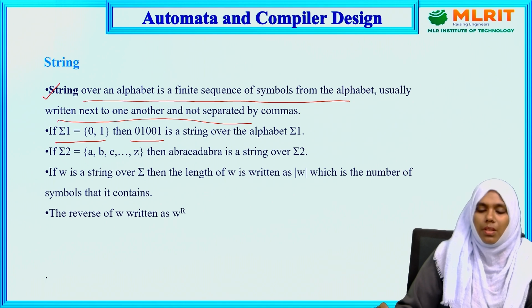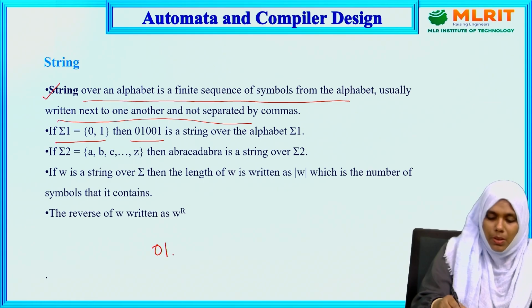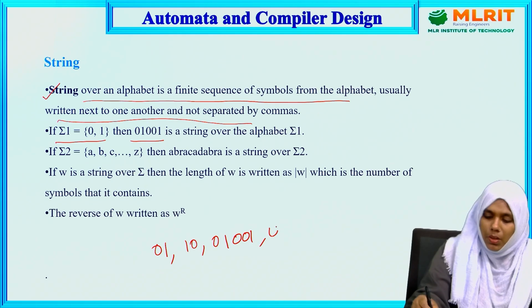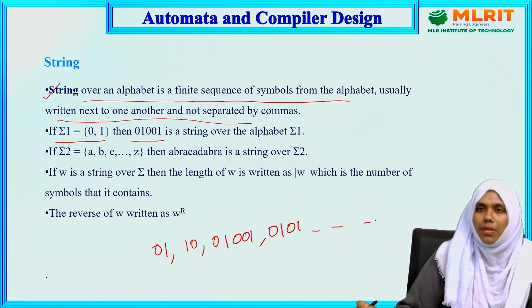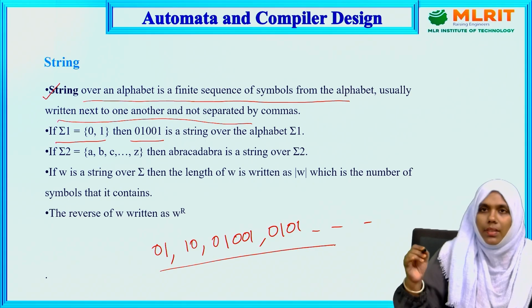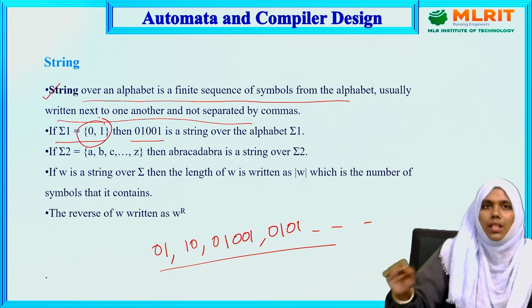So you can write 0, 1, you can write 1, 0, you can write 0, 0, 1, you can write 0, 1, 0, 1, and so on, anything. Whenever you write a string, the string should consist of 0, 1 because here the alphabet is given as 0, 1.